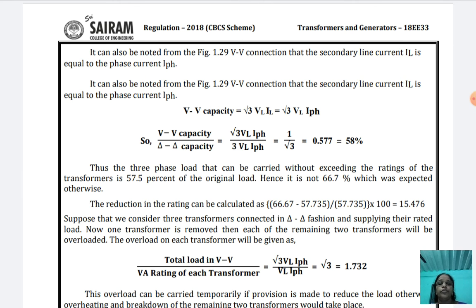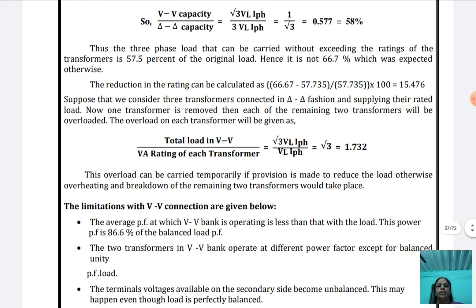Therefore the reduction in the rating can be calculated as 15.476. Now we can calculate the overload of each transformer in the VV connection: the total load in the VV connection divided by the VA rating of each transformer, and substituting in the formula we get 1.732.